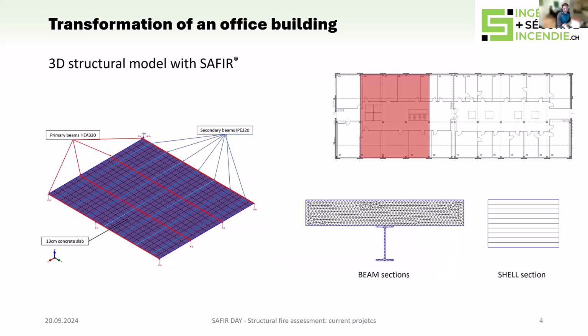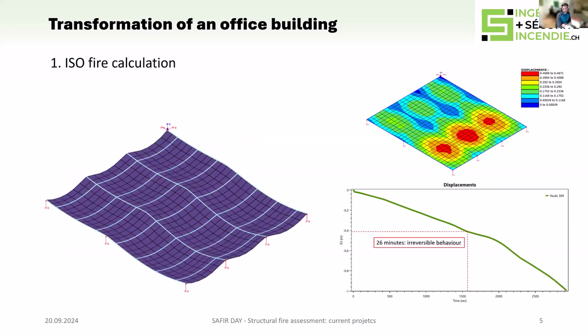So we did the analysis, quite a simple one. We used to do this with beams and shells. I will not explain as we are all experts. The first step is to always do the ISO fire calculation, so we have a reference time for the resistance.